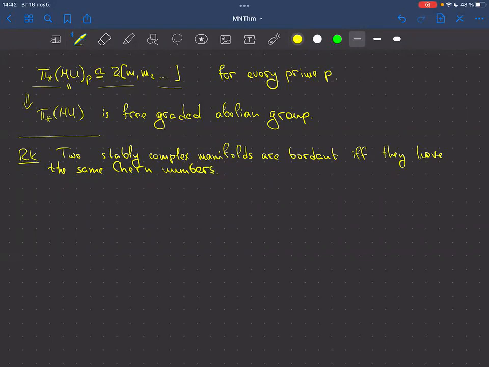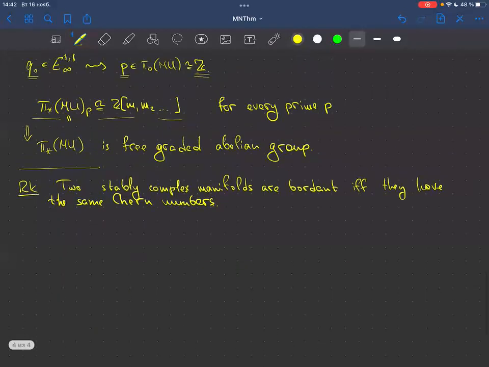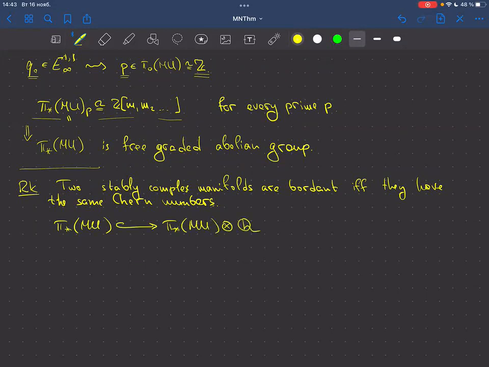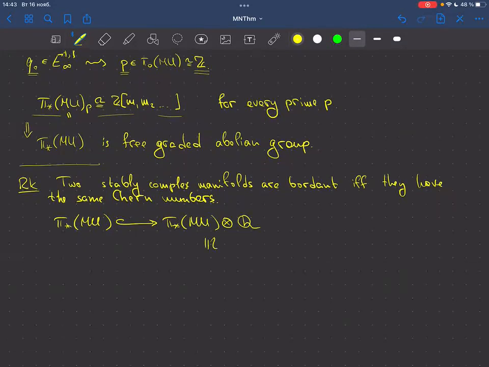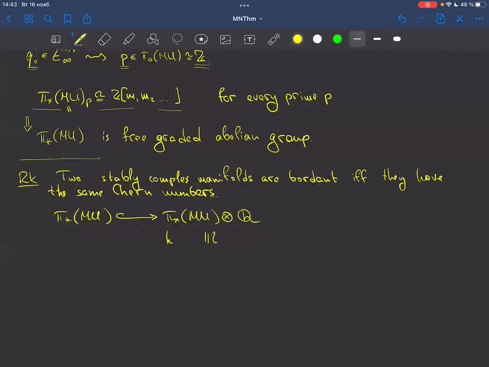And this works just because, since pi_* of MU is free, it embeds into itself tensor Q. This is isomorphic, via the tensor product of the identity and the Hurewicz homomorphism, with the homology of MU.